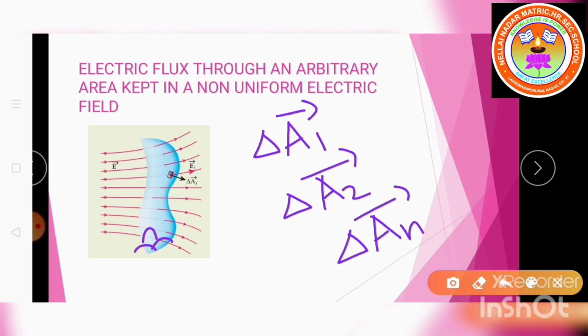So the electric flux for the entire area A we can write as phi is equal to, what is the formula for flux? E vector dot A vector. So for the first element, E1 vector dot del A1 vector, second element E2 vector dot del A2 vector, third element E3 vector dot del A3 vector, and the last En vector dot del An vector.